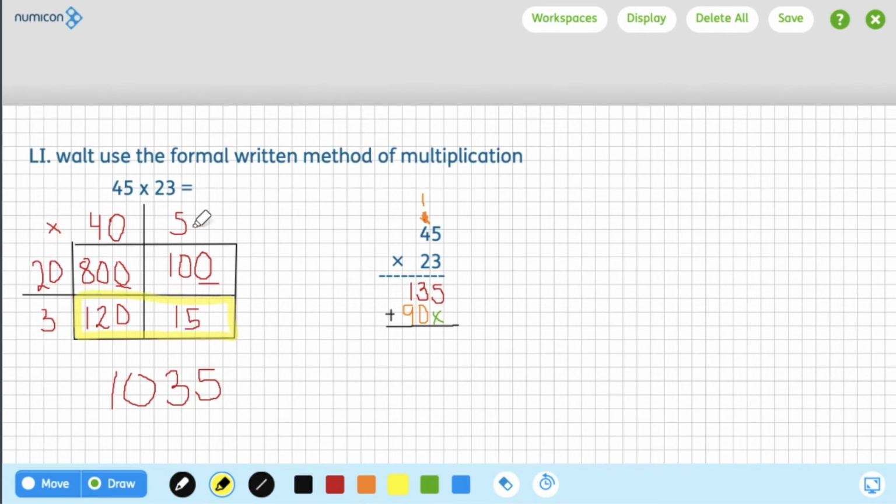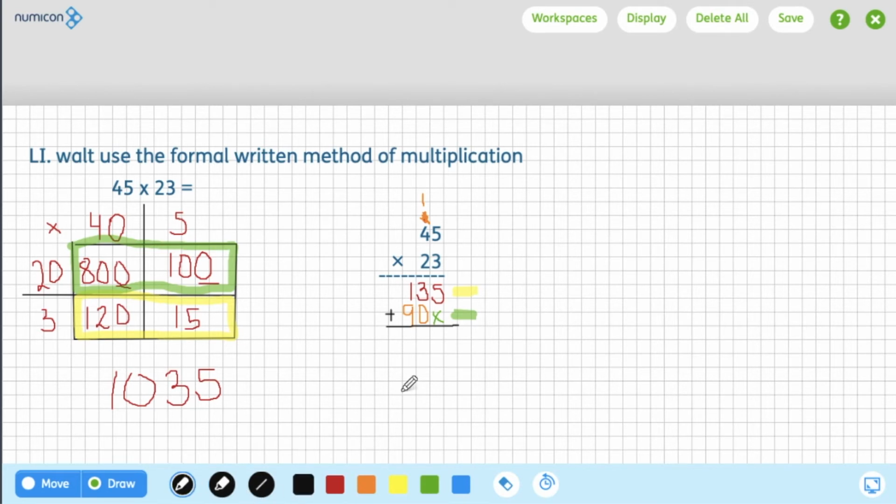Because I did 3 times 5 and 3 times 40, which is what I did here. This row here is actually these 2 boxes, as I did 20 times 5 and 20 times 40. And that's what this row is. So that row is those 2 boxes from my window, and this row is these 2 boxes from my window. And all I'm doing is I'm just adding them together.